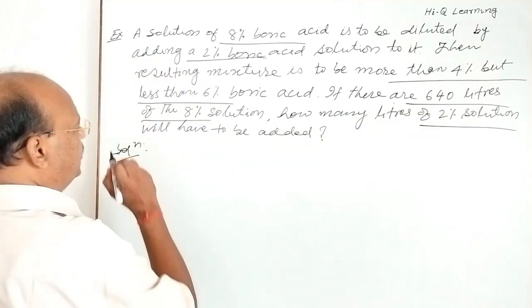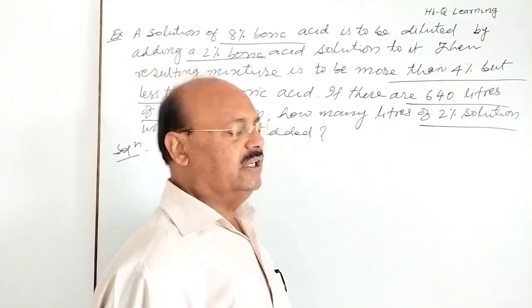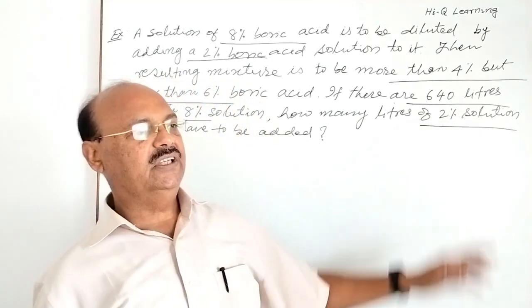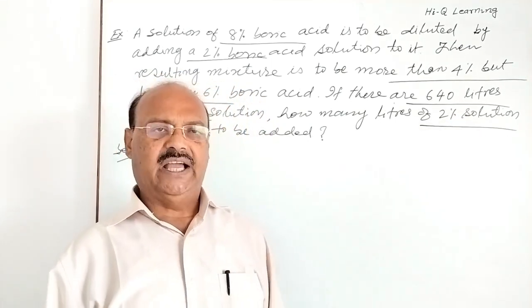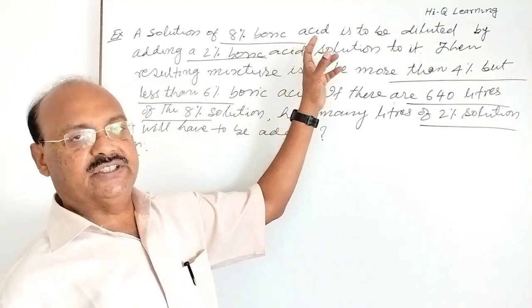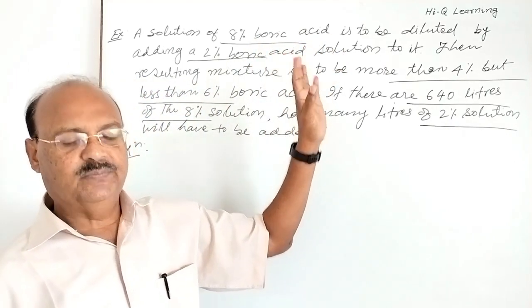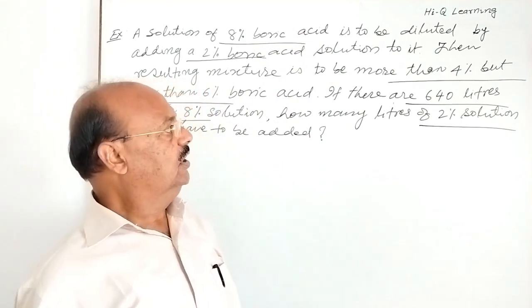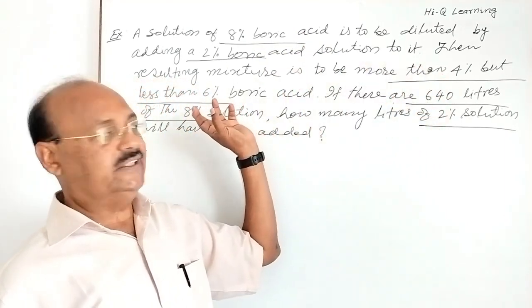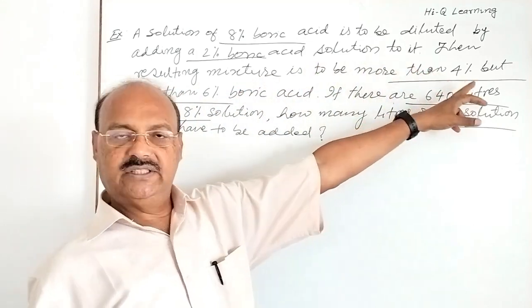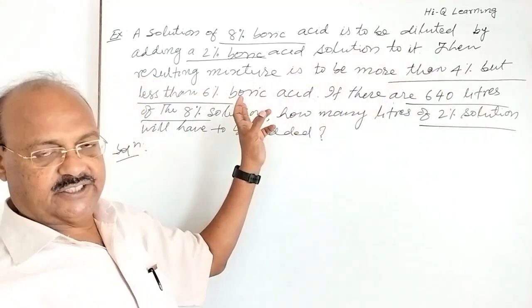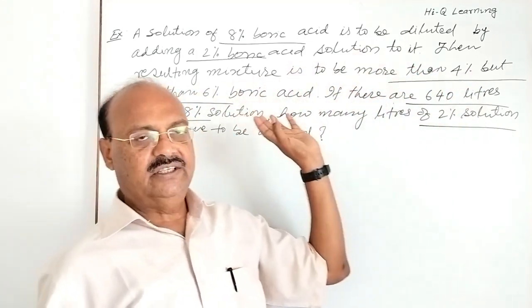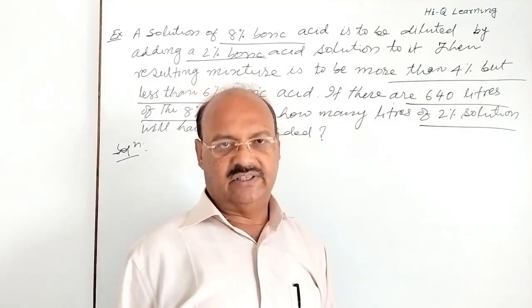First of all, we'll assume that the required amount of 2% solution is X, which has to be added to the 8% solution of boric acid, so that the resulting solution will have a concentration between 4% and 6%. More than 4% but less than 6%.